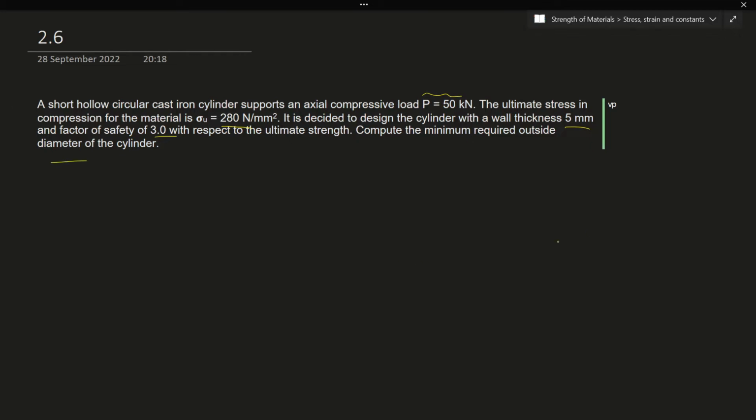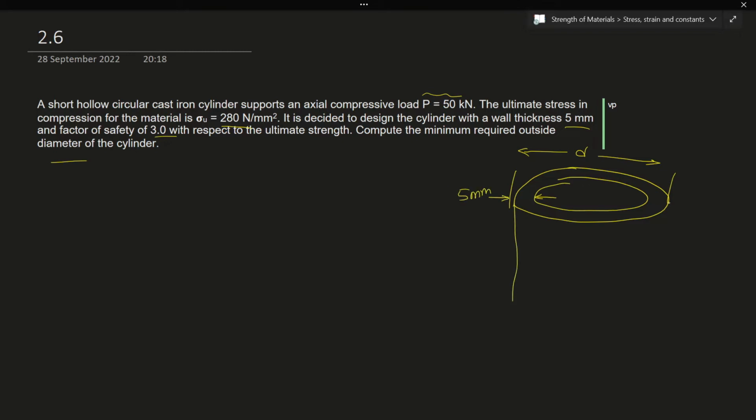Okay, so just to visualize this, I'll be drawing a schematic. So I have a column something like this. So inner and the outer diameter here, and this is what we know as the D, and the thickness here that has been given is 5 mm, and it goes all the way below.